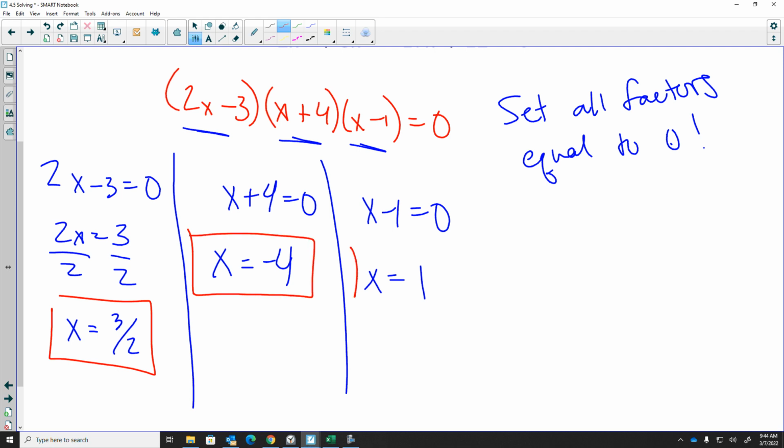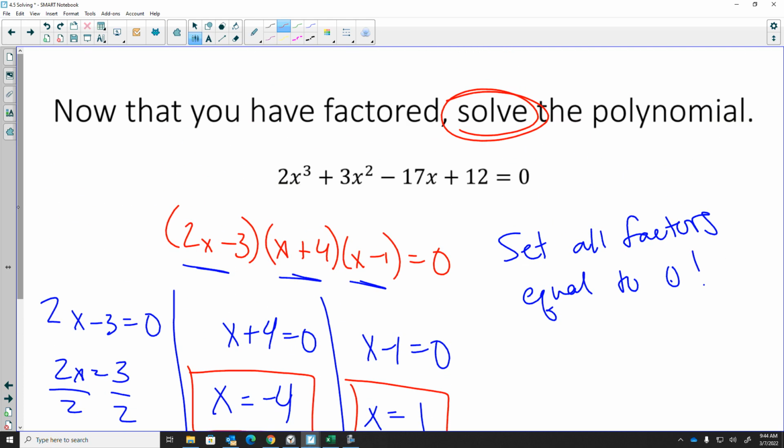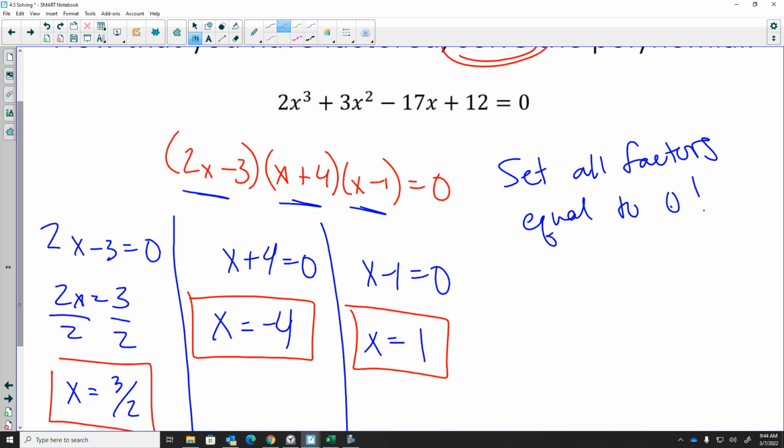And remind me again what solutions are. They're x-intercepts. So these are the points on the x-axis where this big ugly polynomial crosses. Remember, words that we use for those, we might use solutions, we might use zeros, we might use roots. They all mean the same thing.